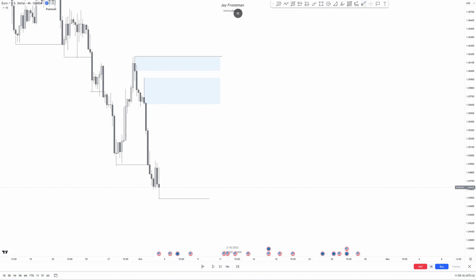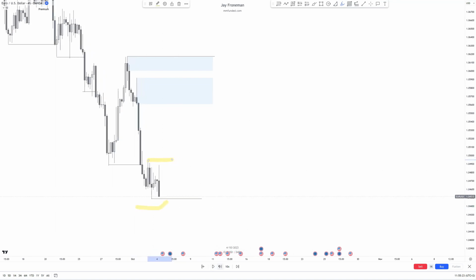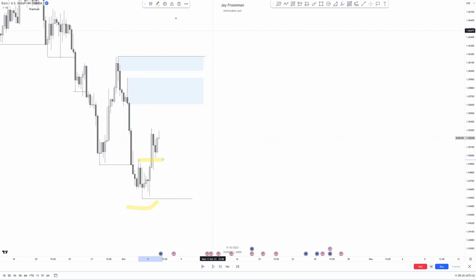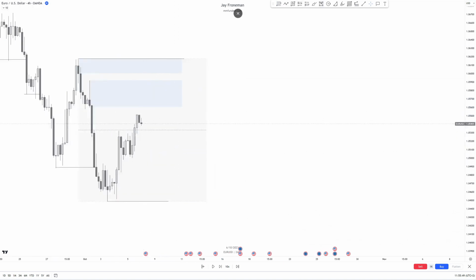This low will become our official weak low once price takes out these internal weak highs. Okay, so that can now become labeled as our weak low. We can also mark out our discount and premium. So we're still in premium areas, mitigation of discount.